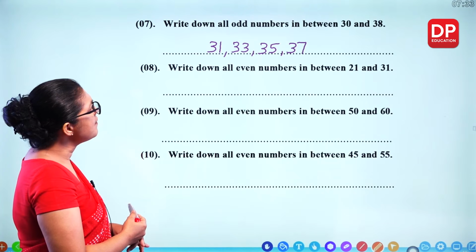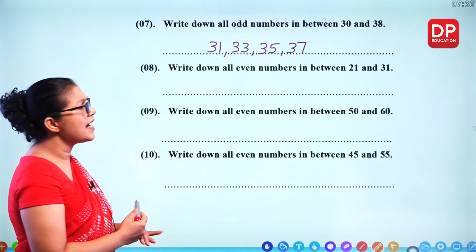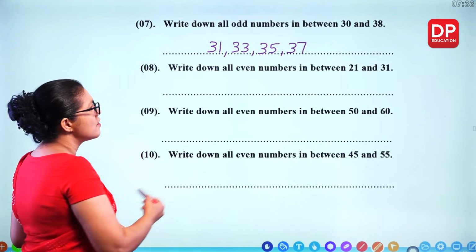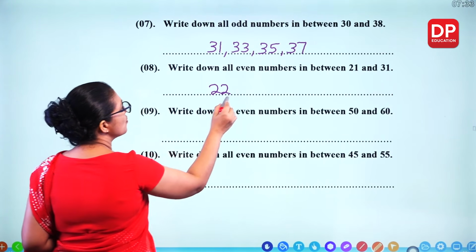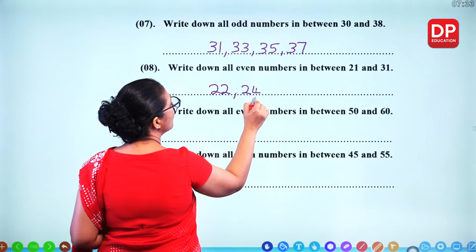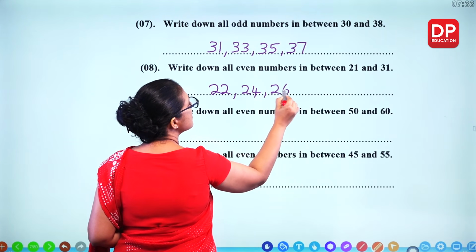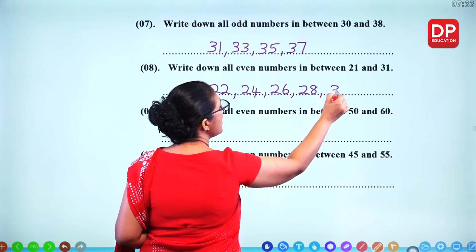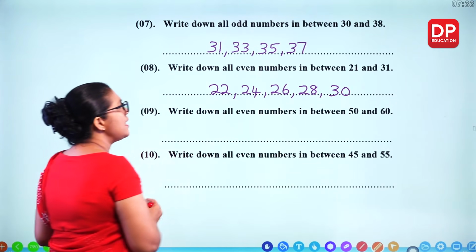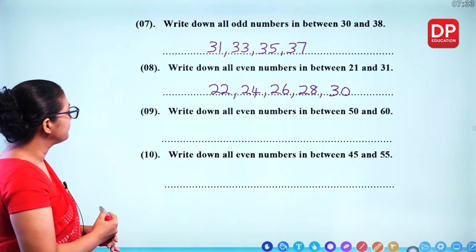Write down all even numbers in between 21 and 31. So 22, because the last digit is 2. 24, 26, 28, and we can write 30 as well because it is in between 21 and 31.